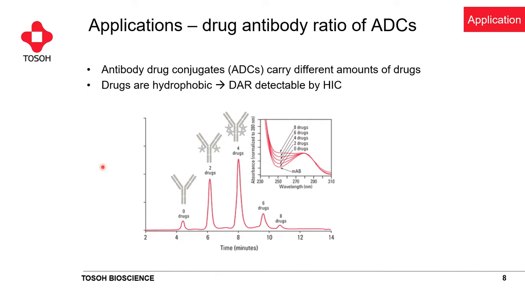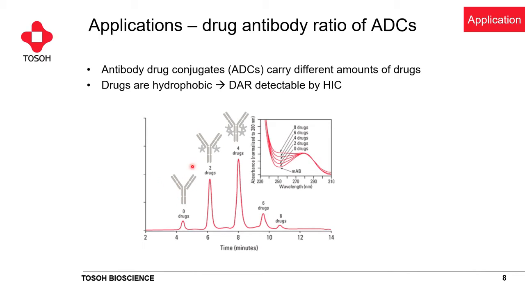And talking about ADCs, we already entered the part of what can actually be done using hydrophobic interaction chromatography. One very typical application is to analyze the drug-antibody ratio of antibody-drug conjugates. As I said, antibody-drug conjugates carry hydrophobic drugs. So what will happen in the body?